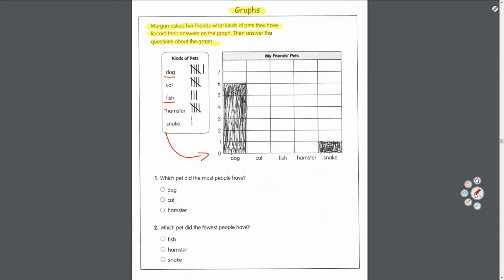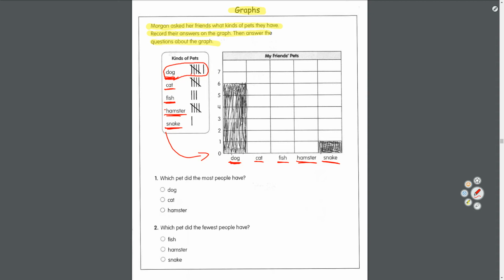So let's look at the words down here. Dog, cat, fish, hamster, snake. Let's look at dog. It's the first one here. We have to look at the tally marks right next to it.